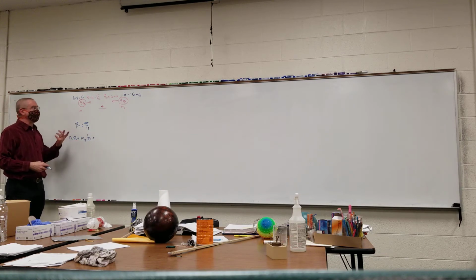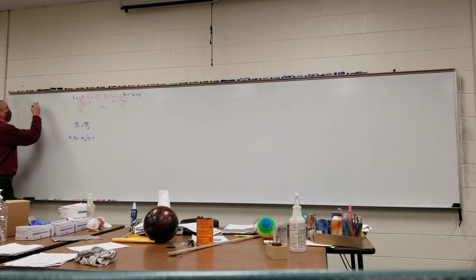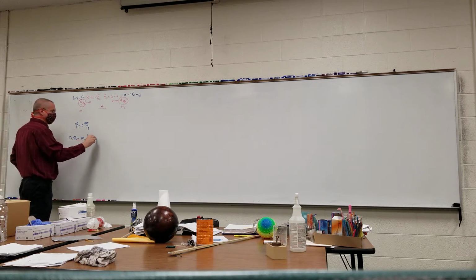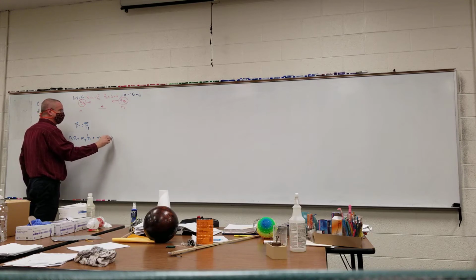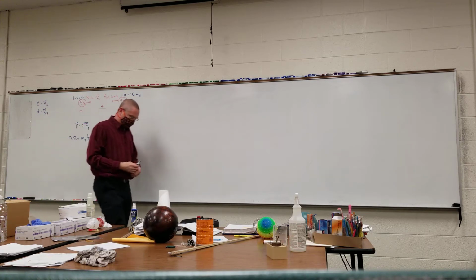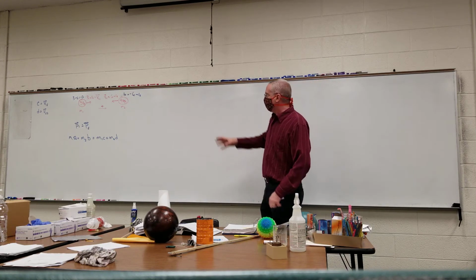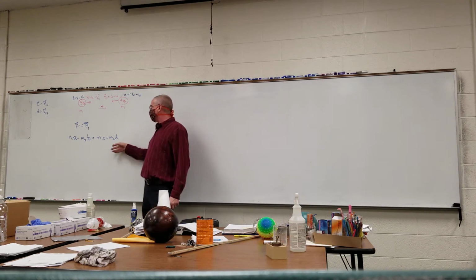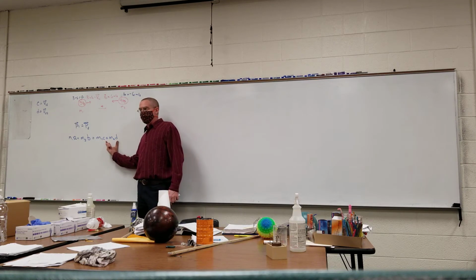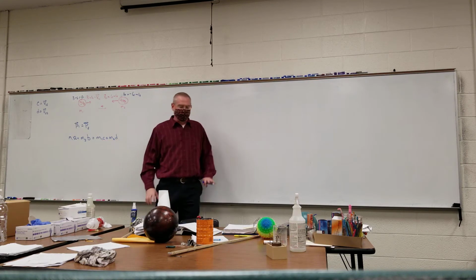I'm going to use the letters C and D, and let's define it officially: C is V1 final, and D is V2 final. I think I used C and D last time also. So this would be equal to M1 C plus M2 D. We know all the numbers in this equation except for C and D. We don't know what they are officially, even though we have solved it already.